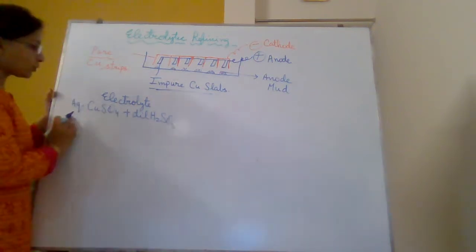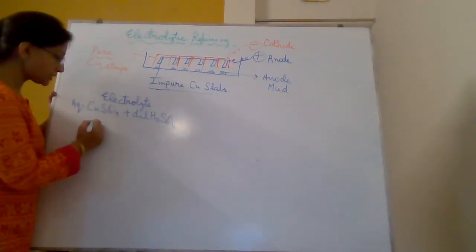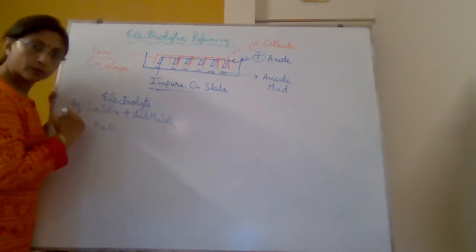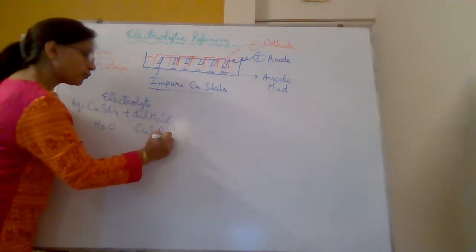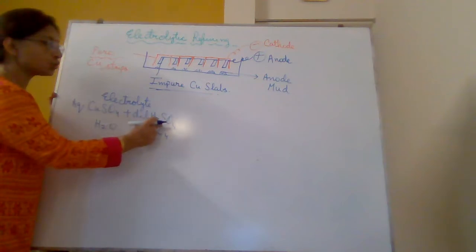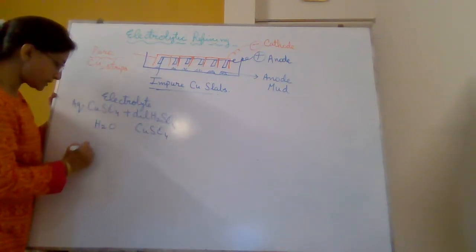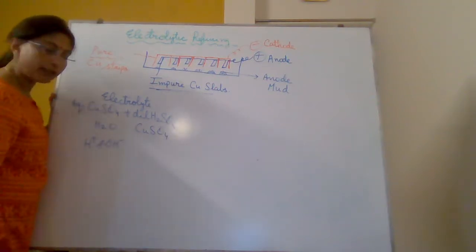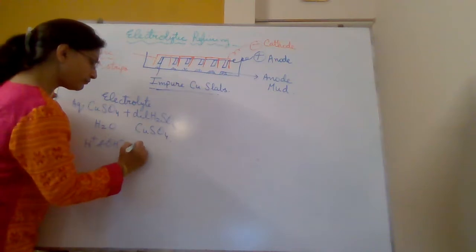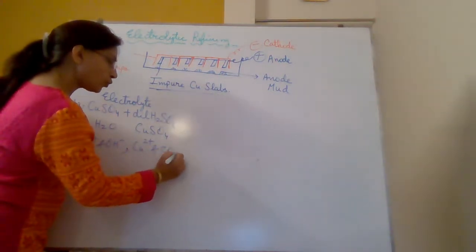Look, the aqueous copper sulfate has H2O, then it has CuSO4 and then H2SO4. Which ions will be there? H2O will give us H+ and OH-. CuSO4 will give us Cu2+ and SO4 2-.